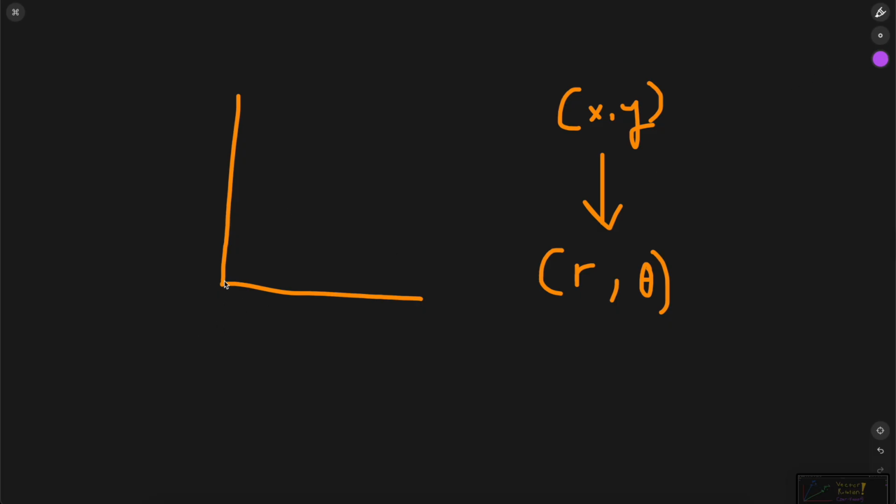So the best way to show this is if I have some vector, and let's say I'm at the point x, y. Well, I know to get there I traveled some value x and some value y.